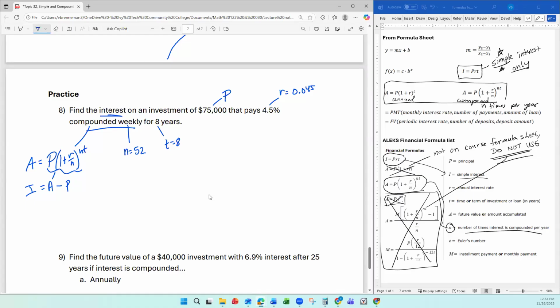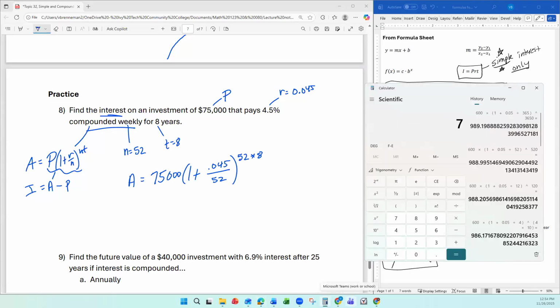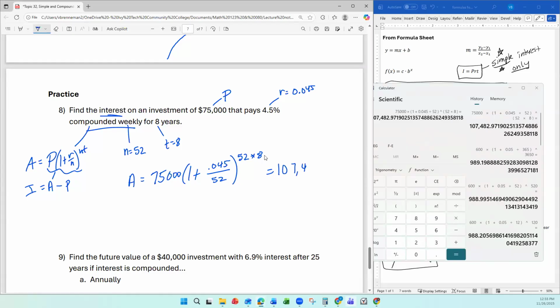There's t. So first finding A is going to be 75,000 times 1 plus 0.045 over 52 to the 52 times 8 power. So 75,000 times parentheses 1 plus 0.045 divided by 52, and parentheses to the parentheses 52 times 8 and parentheses, and it is 107,482.97 that you end up with.